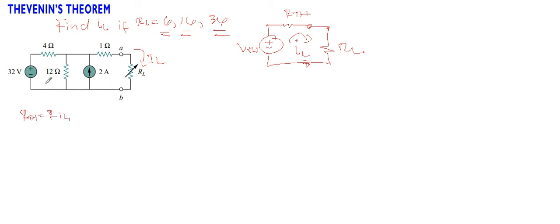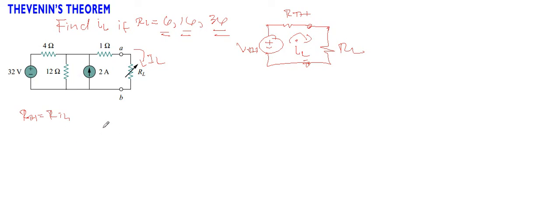Now, for our RTH, we turn off all of our independent sources. But later on, we will try solving a circuit with a dependent source. So now, if we only have independent sources, we short circuit this and open circuit this.